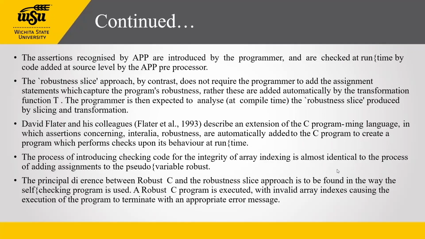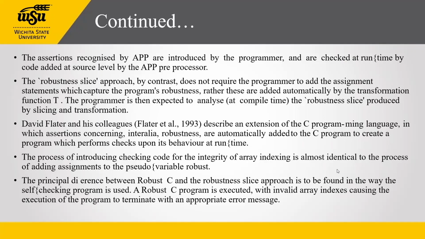The robustness slice approach, by contrast, does not require the programmer to add the assignment statements which capture the program's robustness. Rather, these are added automatically by the transformation function T. The programmer is then expected to analyze the robustness slice produced by slicing.